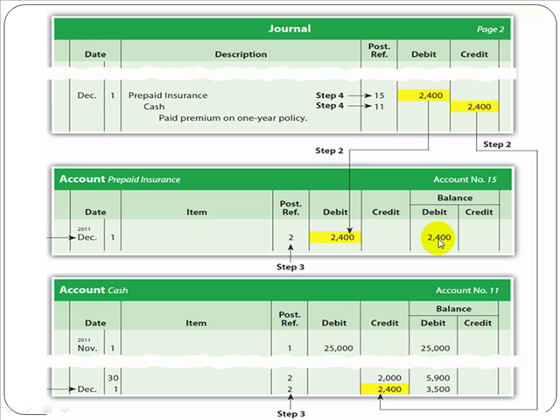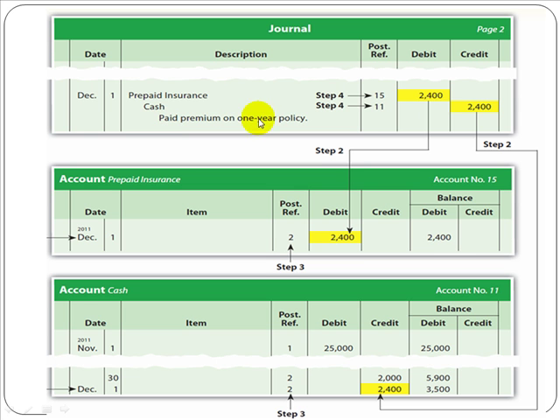And then we're going to have a running balance in this account. Since there are no other transactions in prepaid insurance, we debited the account for $2,400, so it has a balance of $2,400.